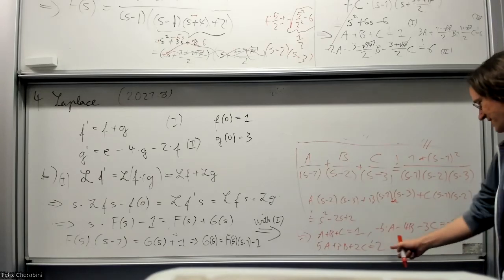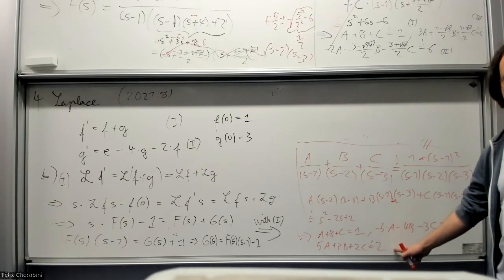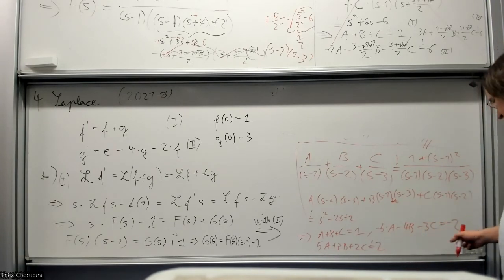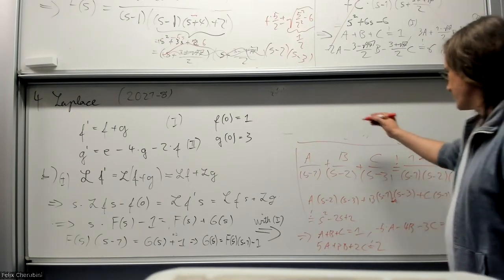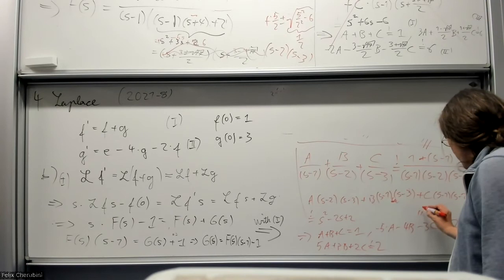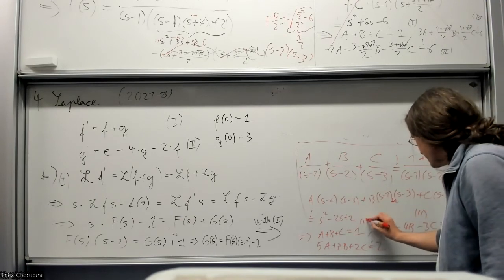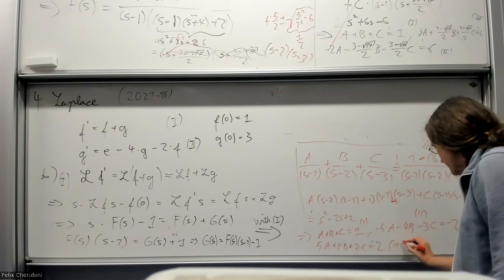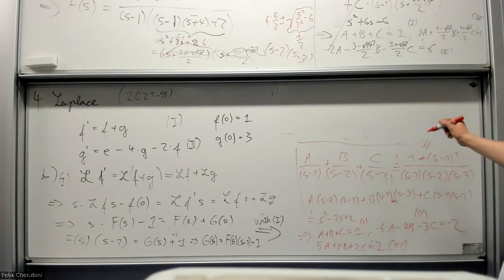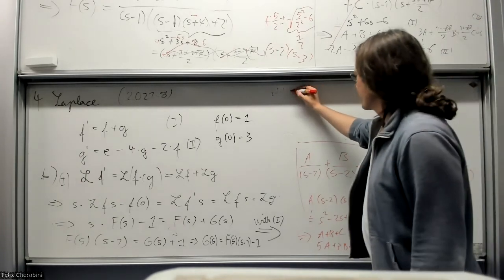I'll decide to add these two equations. So it's just adding numbers. Let's give those equations names again. So this is 1, 2, and 3. So I'll do 2 plus 3.